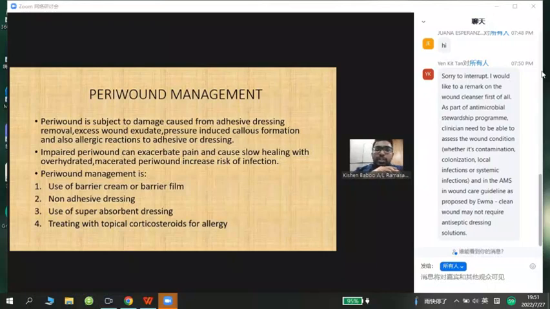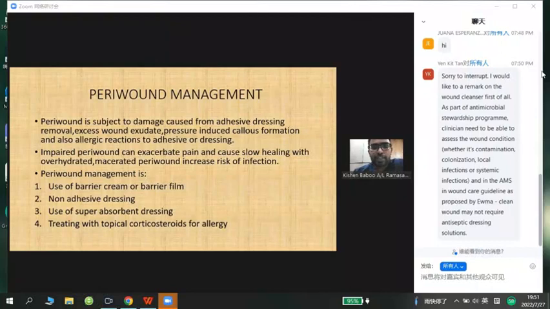If it doesn't work with the first one, I'll try the second or the third one, depending on the patient. When they have these allergic reactions, patients are usually not tolerant to the dressings because it causes redness and itchiness. So these are things that you have to ask the patients and observe yourself when you're giving them a certain type of dressing.